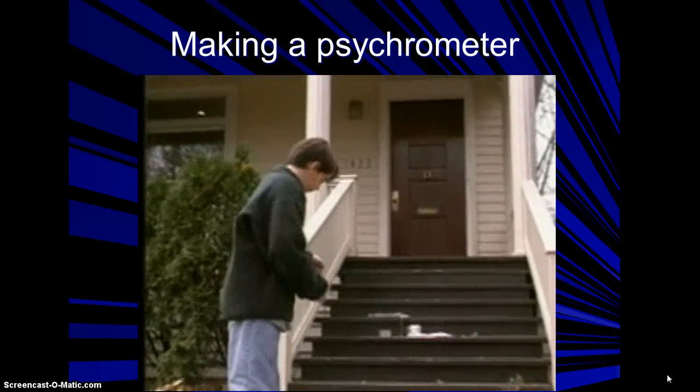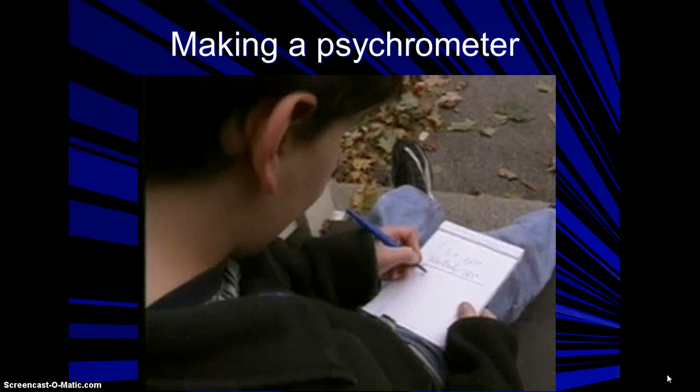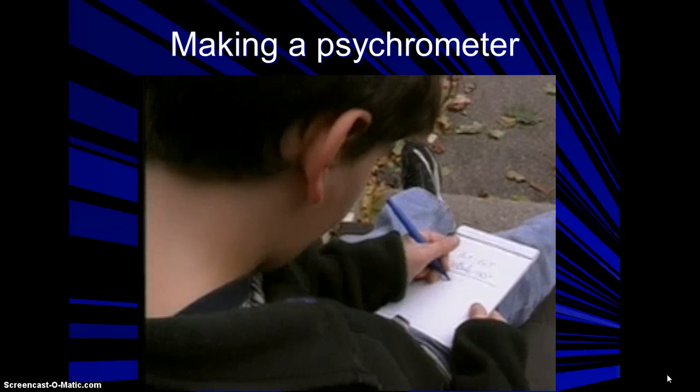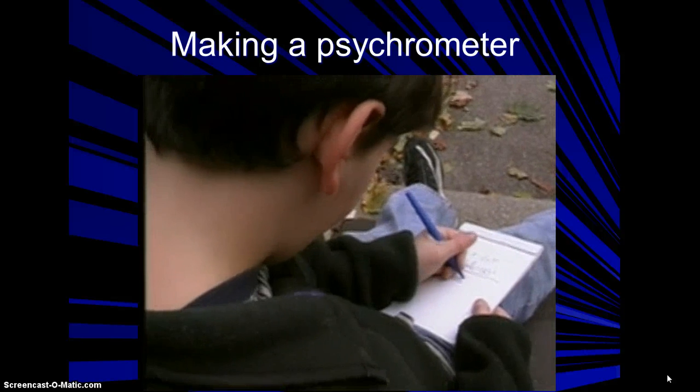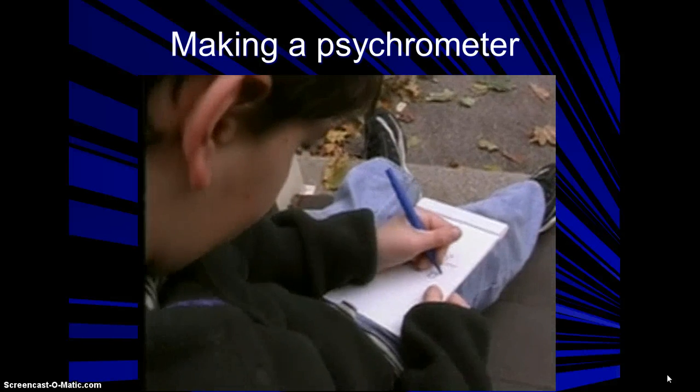When the wet bulb temperature stops falling, write down the final reading. Also, write down the dry bulb temperature. It shouldn't have changed much. When you subtract the wet bulb temperature from the dry bulb temperature, you get a number that is called the wet bulb depression.